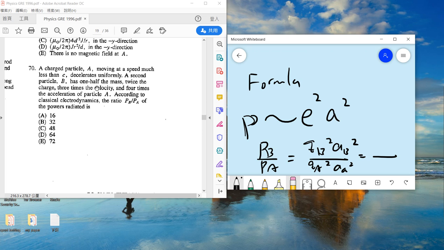For charge B, it is half the mass and twice the charge, so it's 4 times the acceleration, squared. With this formula we can easily get the answer. The answer is 64. So the answer is D.